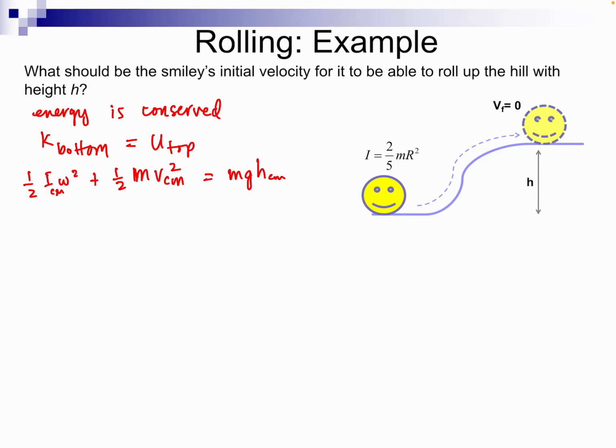Okay, so how do we solve this? We want to find the initial velocity VCM, the initial velocity at the bottom of the hill. So we cannot just rearrange this as is. VCM already appears here, but remember that the angular speed is also related to translational speed, right?